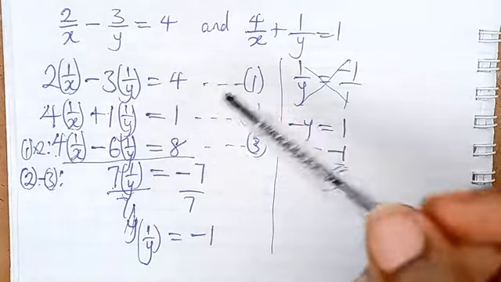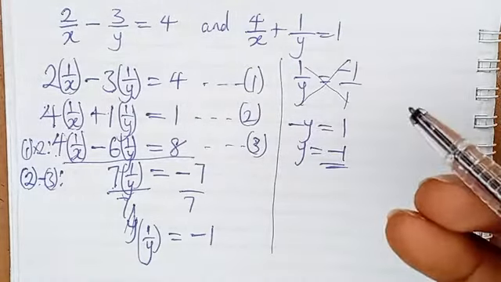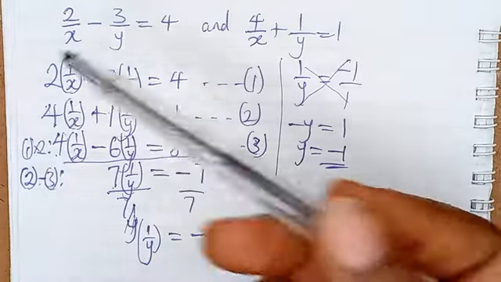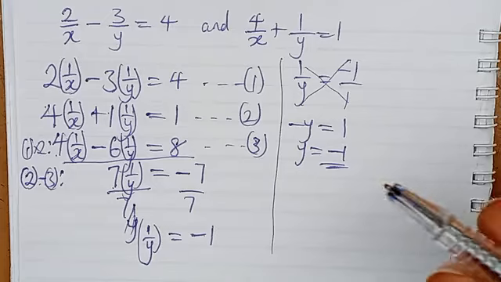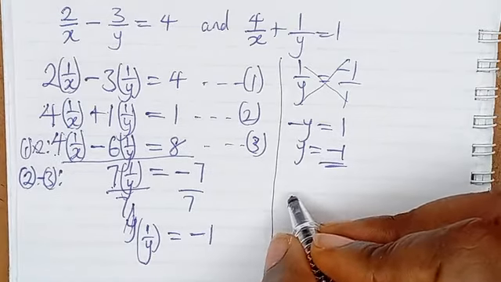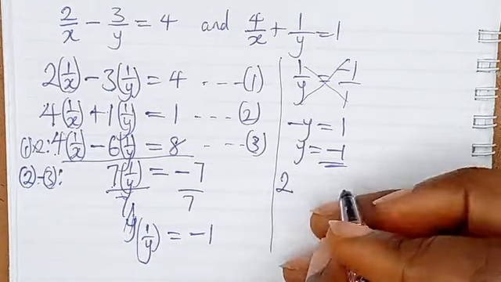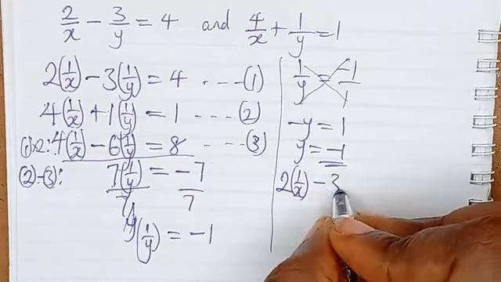So we substitute into any of these equations to solve for x. Let me pick out equation 1, for example, since we used equation 2 and 3 here. So in equation 1, we have that 2 into 1 over x minus 3.